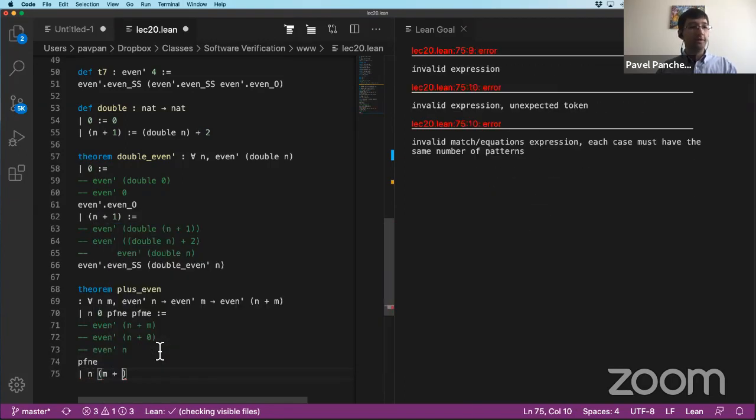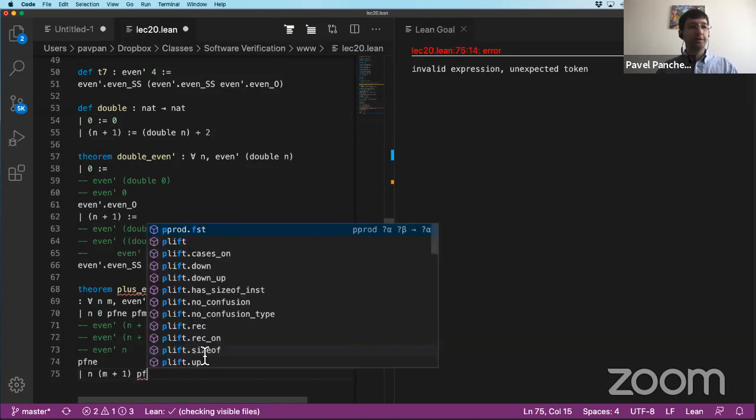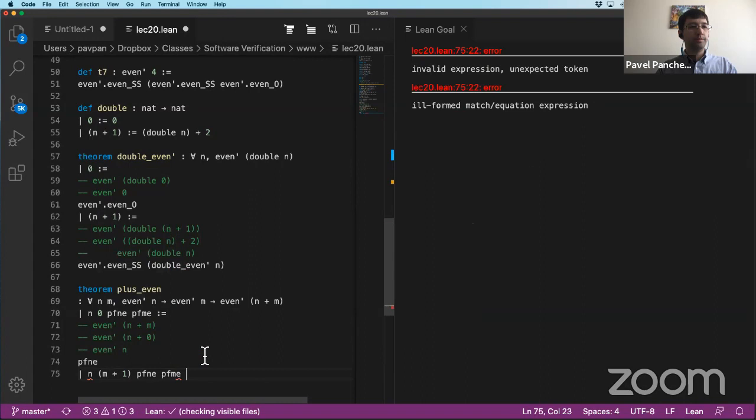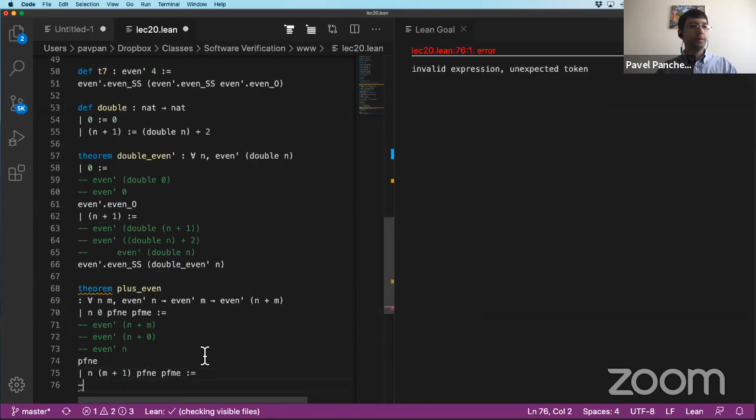Then I've got the other case, which is now I'm trying to prove that n plus m plus 1 is even.